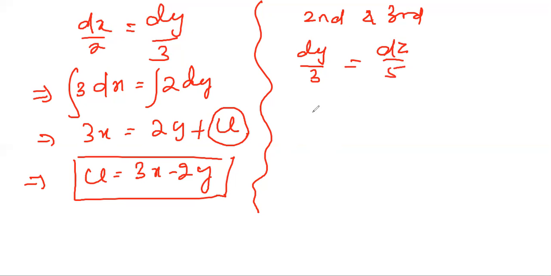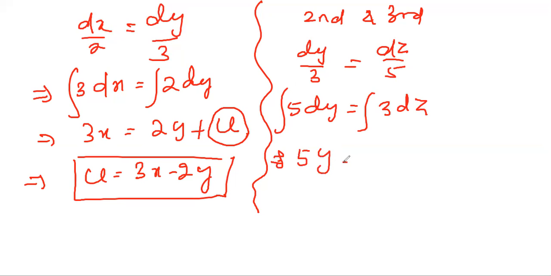Then cross multiplication: 5 dy is equal to 3 dz. Integrating, we get 5y is equal to 3z plus another integrating constant v. So v is equal to 5y minus 3z. These are the two solutions we found here.